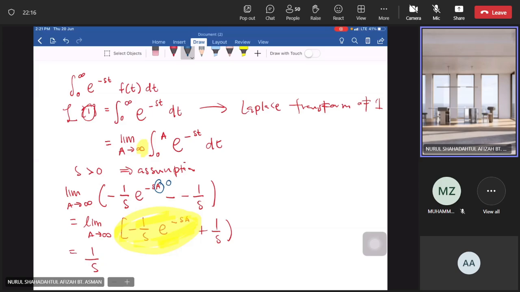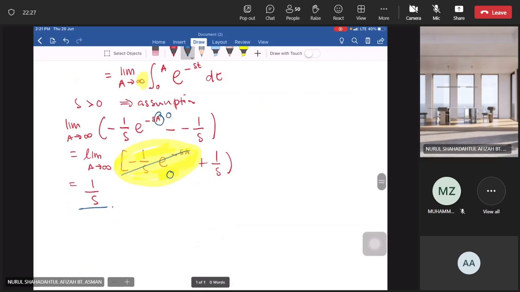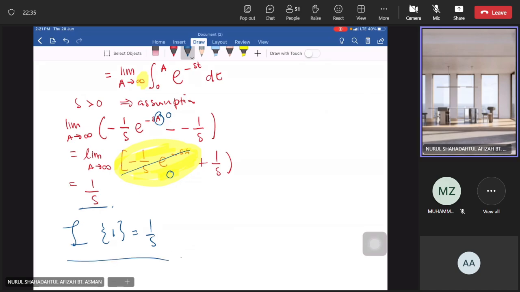The value of the exponent at infinity is almost near to, has almost no value. So that's why this one equals 0. So we have 1 over s. So this is the version of what we learned last week.